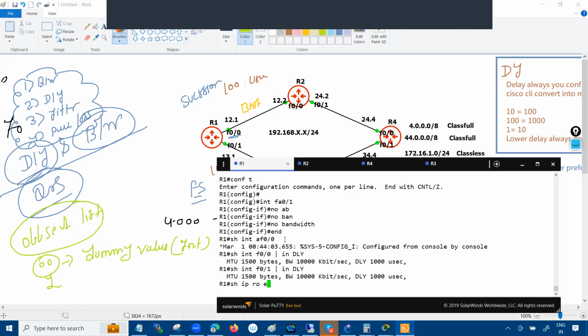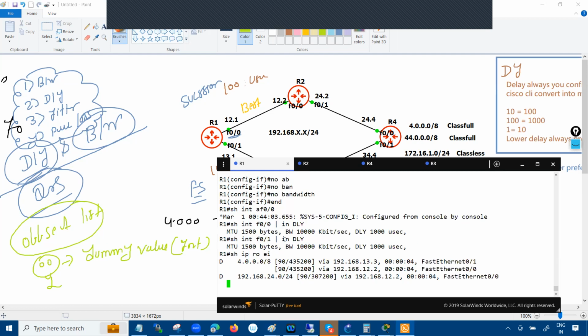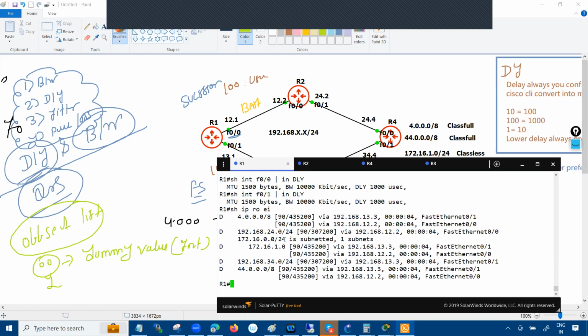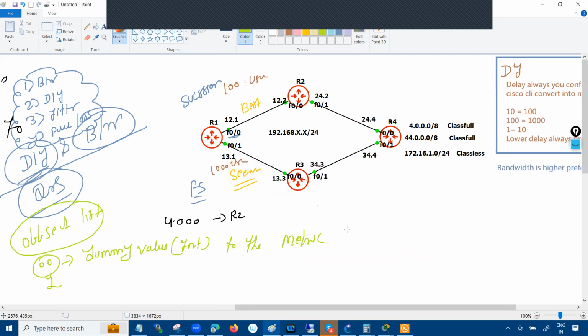So in IP routing, EIGRP will perform ECMP now. Now, what value am I getting from this? 435200, right? From router number 2, I'm getting 435200, and from router 3 as well I'm getting the same value. So it means that it will do load balancing.